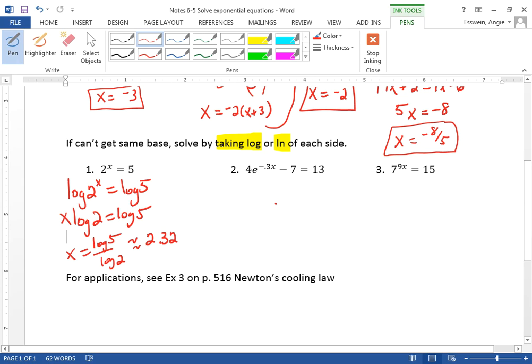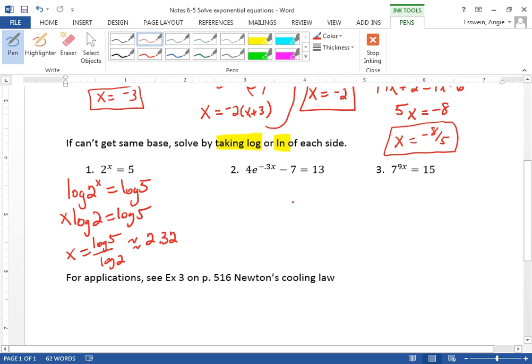Okay, now this looks really crazy. 4e, which is just a number, raised to the negative 0.3x power, minus 7 equals 13. But real science equations do end up being this messy. Hopefully you remember that you just unwrap. It's like a present that you're unwrapping. You just get rid of the layers on the outside.